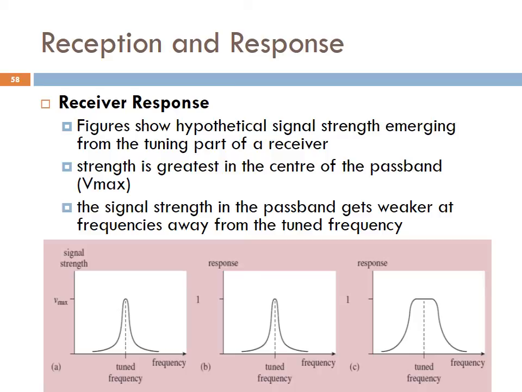So let's look at the following figures. The figures show hypothetical signal strength emerging from the tuning part of a receiver. Strength is greatest at the center frequency of the passband, Vmax. The signal strength in the passband gets weaker at frequencies away from the tuned frequency.